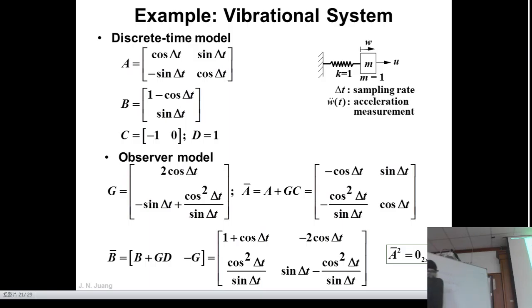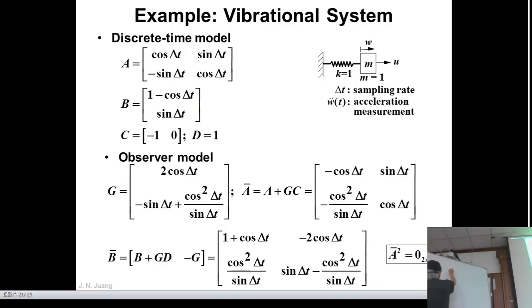All right. Let us look at this. This G is a very interesting G. Don't change. Let me copy this. A bar equal to A plus GC. Let me copy this one before you switch, so I can see it.